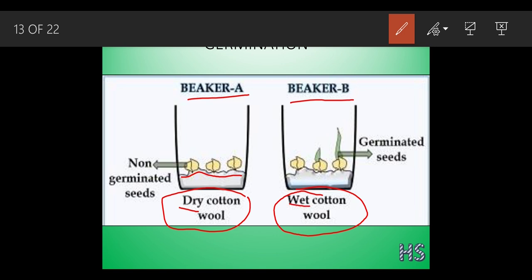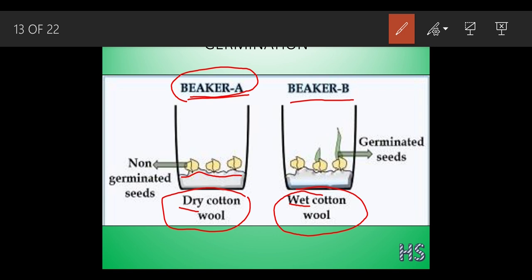In beaker A some seeds were kept, and in beaker B also some seeds were kept. After a day or two, not hours, we can see the seeds kept in beaker A didn't germinate.